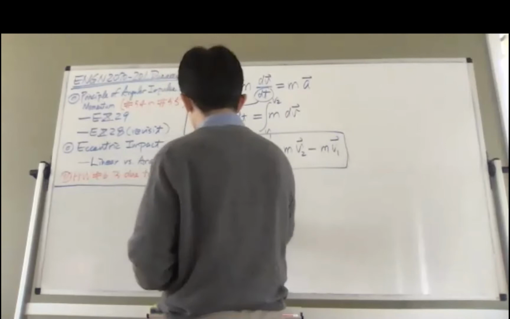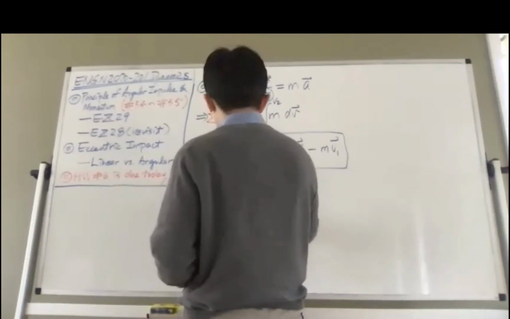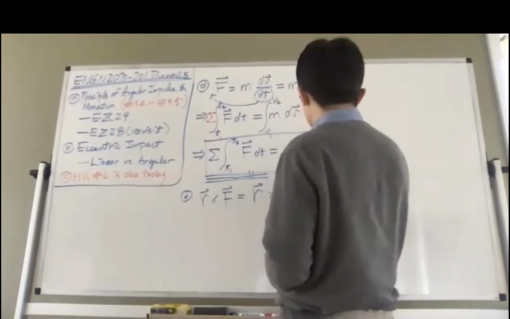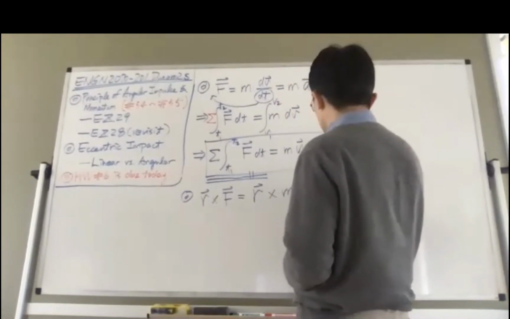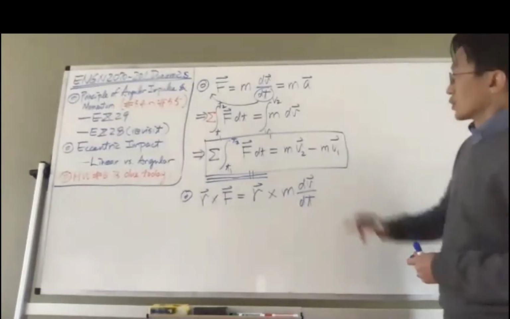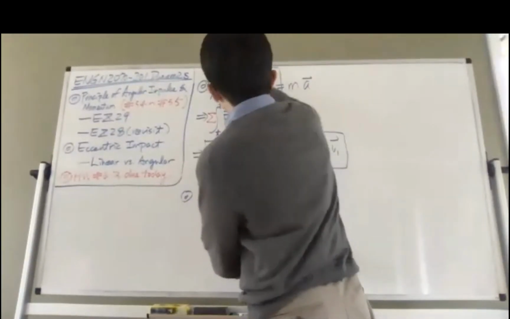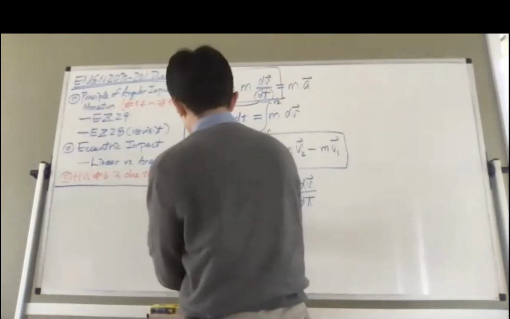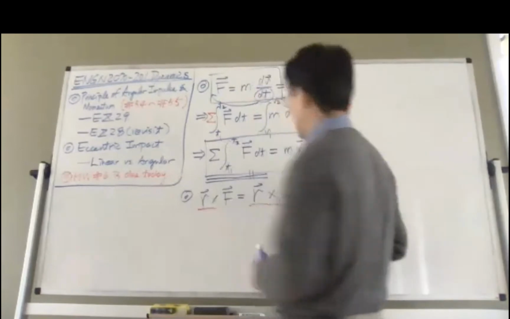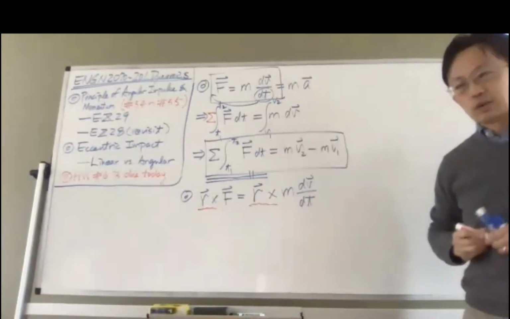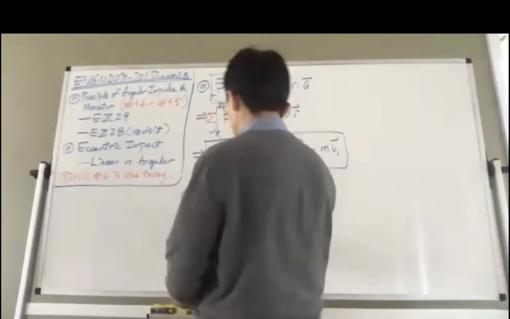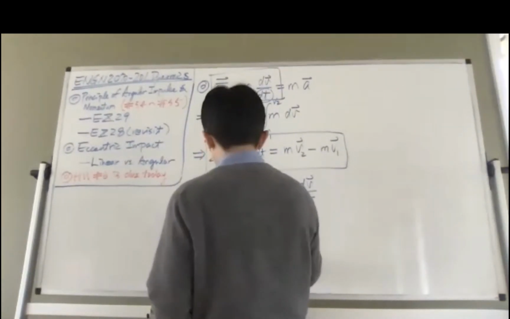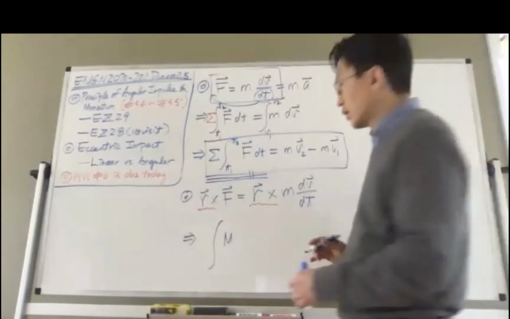Suppose I cross r with both sides. The same formulation here, if I just apply this to both sides of the original equation, will give us the angular form of impulse and momentum.